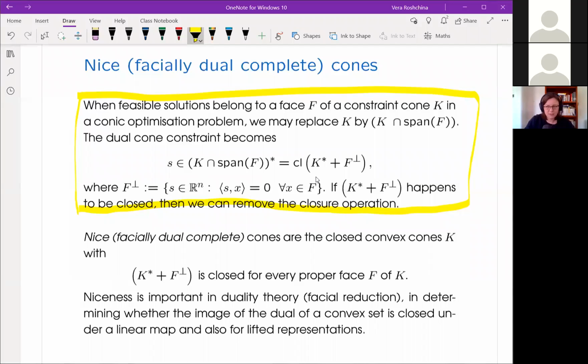And usually we deal with closed convex cones. And we call such cones nice if the sum of the orthogonal complement to every face with the dual object for that cone, and I will show some dual cones in a moment, or the polar to this cone, is closed for every face of that cone.